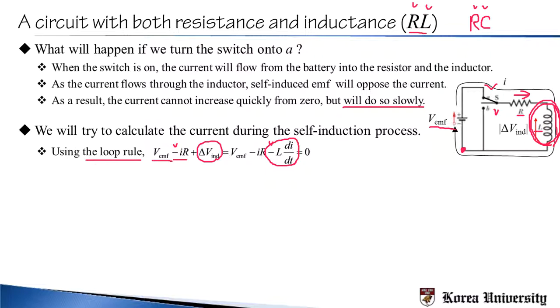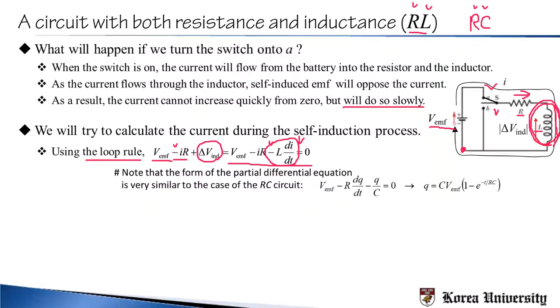Okay, so from this equation we can get the value of I, but this type of equation, including the differential form, is called a differential equation. And this is exactly what we have seen in the case of the RC circuit, where there was a differential equation for the charge Q. Compare this differential equation and that one.